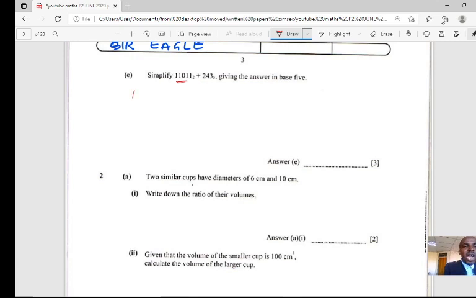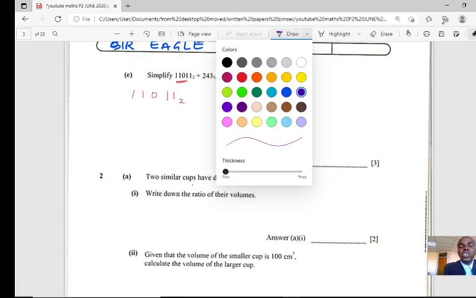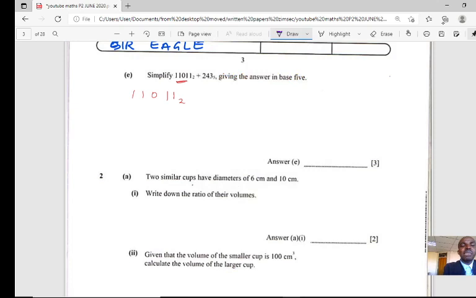So I write 1, 1, 0, 1, 1, base 2. Right. So to convert to base 10, what do you do? You express as powers of its own base, or in index form. So this one, it will be 2 to the power 0 here, 2 to the power 1, 2 to the power 2, 2 to the power 3, 2 to the power 4, like this.